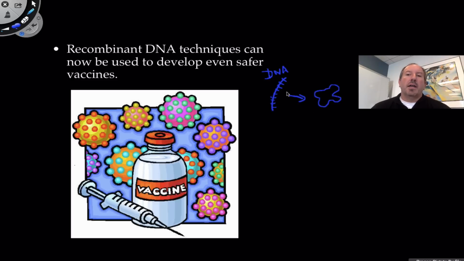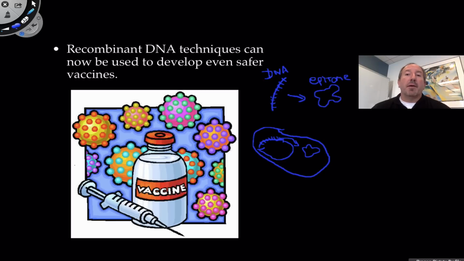So we wouldn't want to put the whole DNA in, but you can put a portion of it into, let's say, a bacteria. And so we add this particular DNA to the bacteria.